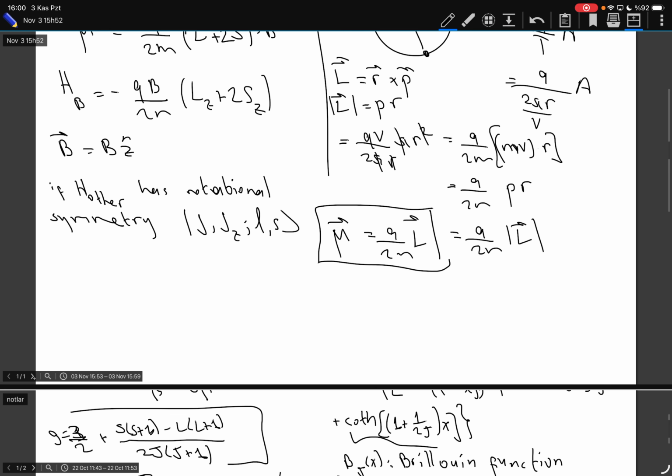Now, what we need to calculate is Z, the sum over all microstates of e to the power minus beta E. We need to know the energy of my system. Well, without knowing what the H is we cannot really calculate the exact energy eigenvalues, but one thing we can do is look at the first correction, the first order in perturbation theory.